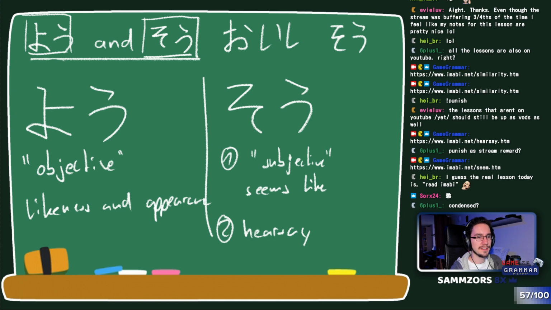Phrasing that you will rarely find in Imabi, I feel like I haven't read large parts of Imabi. It's a lot, to be fair. Phrasing you never see is like when you want to express this or that. It feels a little bit unorganic, maybe, but maybe it's just me. That's an issue I have with Imabi, I think. But it's cool because the information is very condensed, and I can use it for reference. So it helps me for the stream. And they use a lot of example sentences, which is good. I need those for the stream as well.